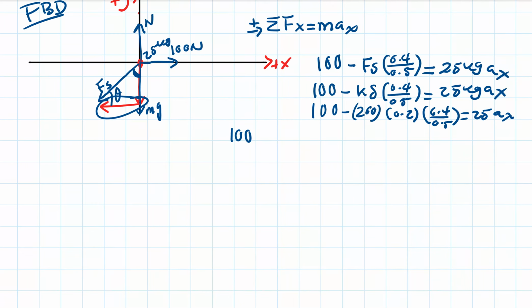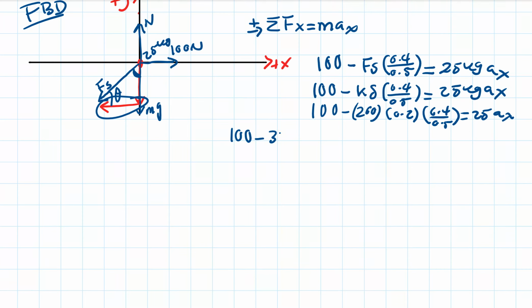Let's plug this into our calculator. It will be 200 times 0.2 times 0.4 divided by 0.5, which gives us 32.